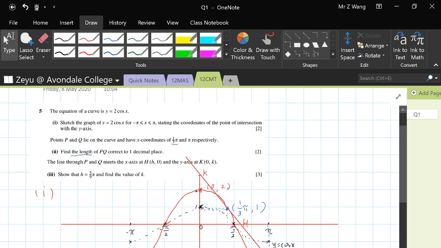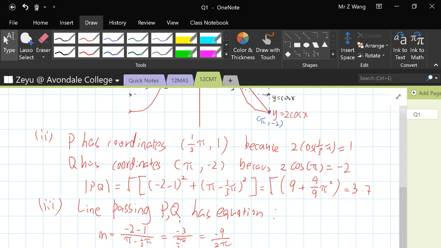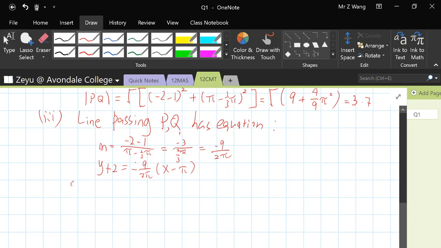Then show that H is 5/9 pi, so the x coordinate. The x-intercept happens when y equals 0. Setting y equals 0, we have 0 plus 2 equals -9 over 2 pi times x minus pi. If we solve this, we have 2 equals -9 over 2 pi x plus 9 over 2.